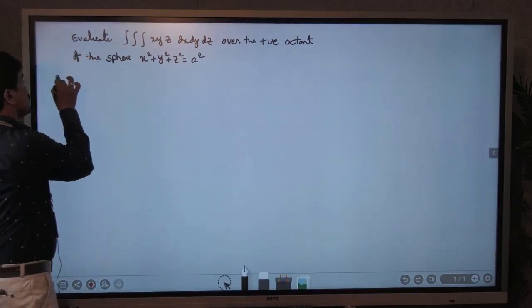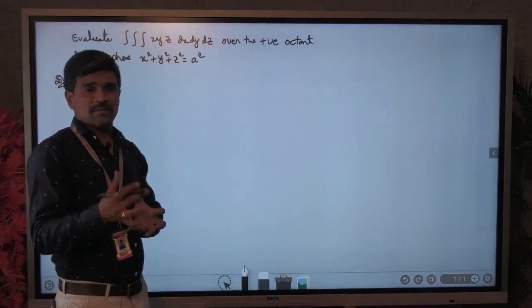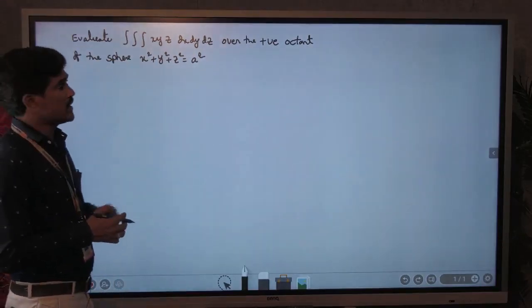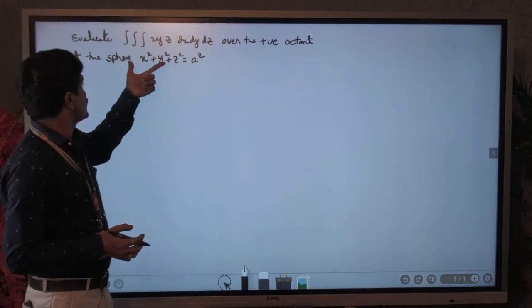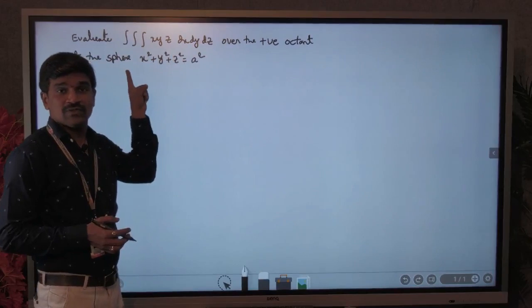Now here there are no limits for x y z given, so first of all we have to write the limits of x y z. That is determined from the given region, the positive octant of the sphere.